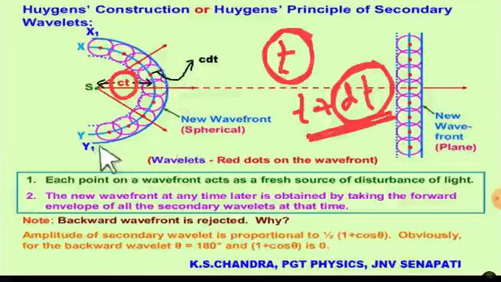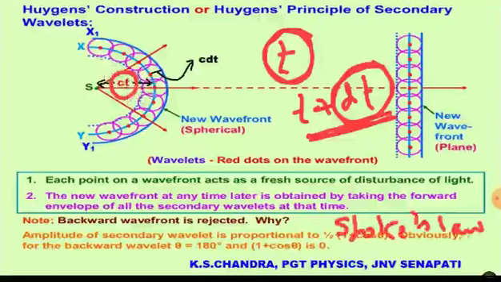This secondary wavefront will be only in the forward direction. Why not in the backward direction? Because of Stokes law. Due to Stokes law, the forward direction will exist, and the backward direction will not exist. Why?